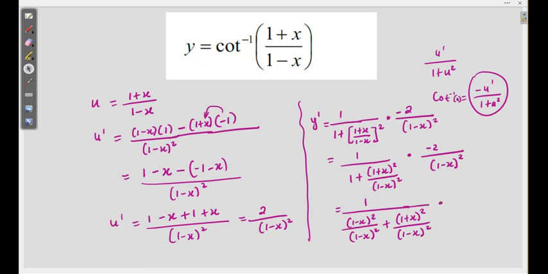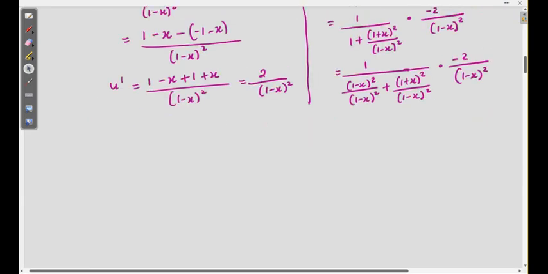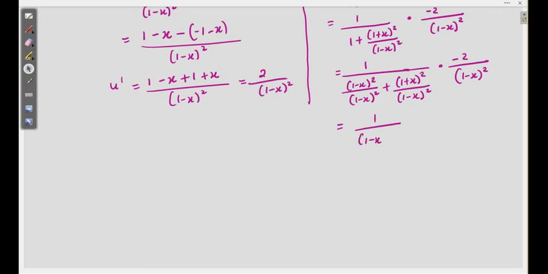Then you multiply that by negative 2 all over 1 minus x all squared. A lot of squared there, but then yeah, at the bottom now we can say, remember that the denominators are the same, so we can just say we have 1 minus x all squared plus 1 plus x all squared divided by 1 minus x all squared as it is, and then here you have negative 2 all over 1 minus x all squared.